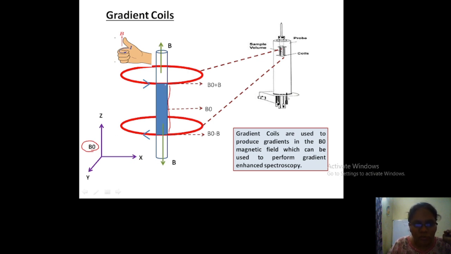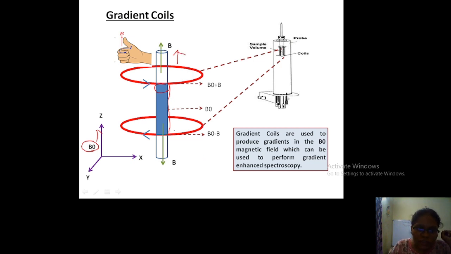Now when you look at the molecules which are present in this region near this upper coil, in addition to the field B naught, they will experience the field B. So the net field experienced by the molecules in this region will be B naught plus B, since both the fields have the same direction. B naught is directed along the Z axis, and B is also directed along the Z axis.